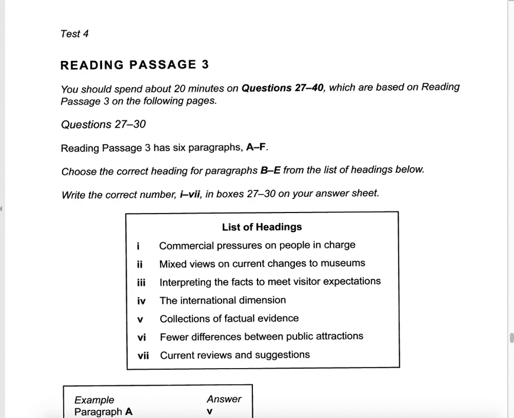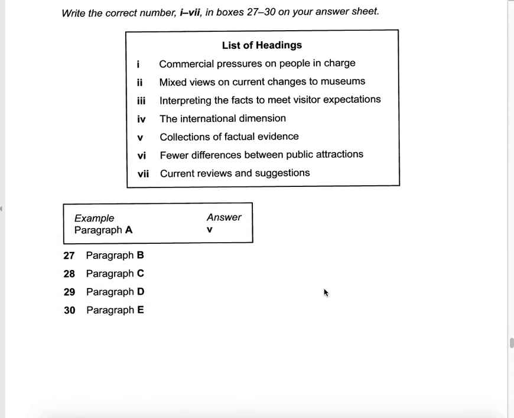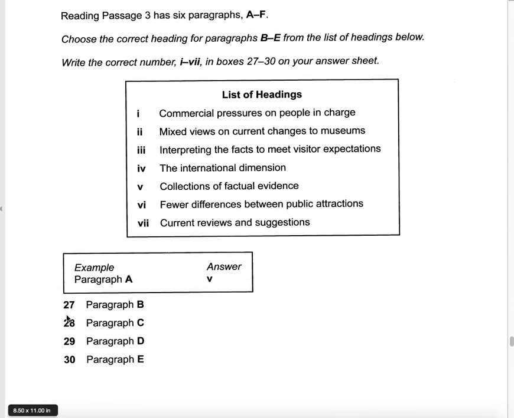So I just want to get first to this last passage from the reading test. We have here reading passage 3 and questions 27 to 29 are list of headings. Wow, some of us find that very difficult.